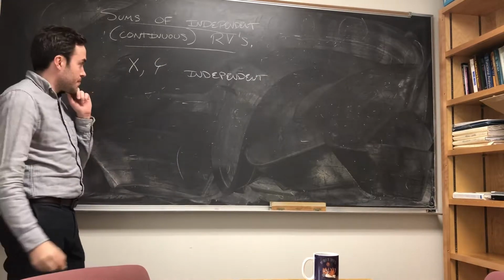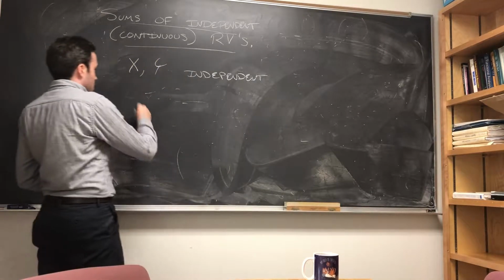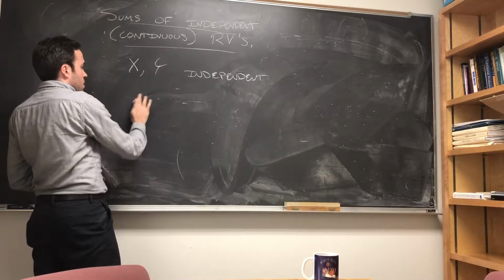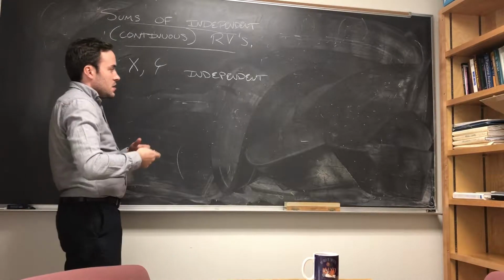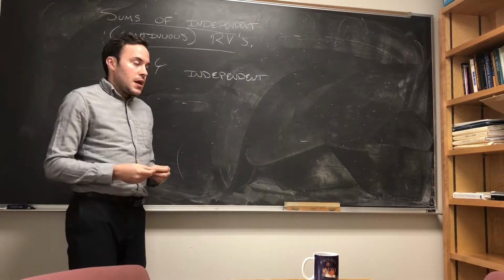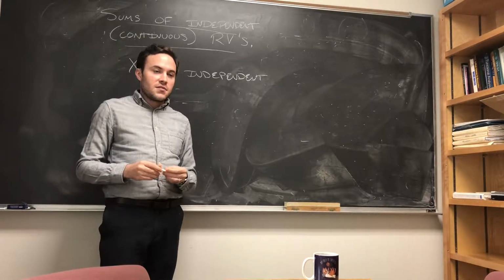continuous random variables, and we asked this question, which was, if we look at the sum x plus y, that's going to be another random variable, and that means that we should be able to figure out its PDF, its probability density function.